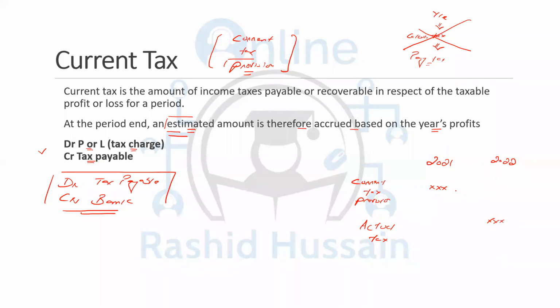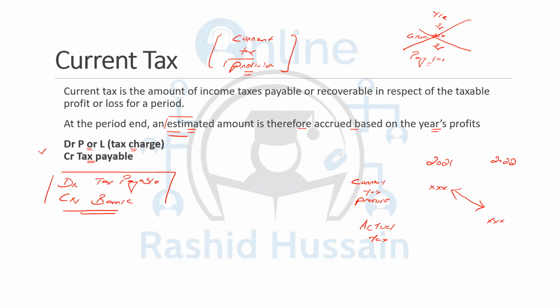Now, when your actual tax is being calculated in the next year, you will see that this tax is different from your estimated one, because obviously in most cases, you're not going to have the same amount which you estimated in 2021. There will be a difference between the current tax provision and the actual tax.